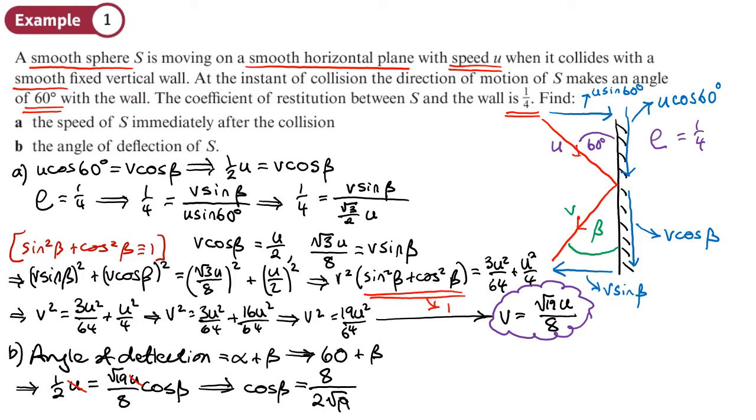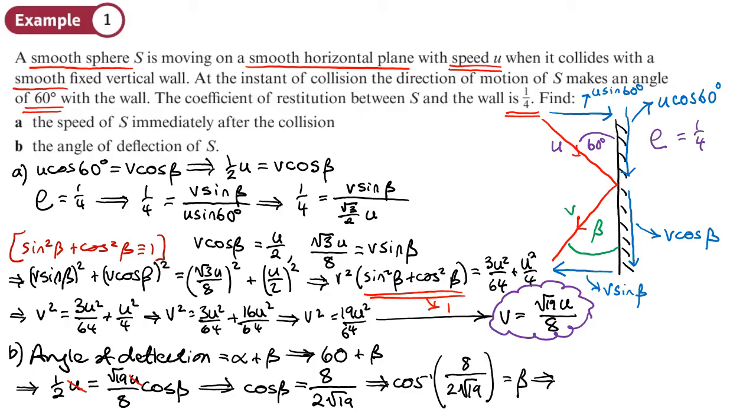Okay, so now it's just a matter of doing the cos inverse. So cos inverse of 8 over 2 root 19 will give us beta.